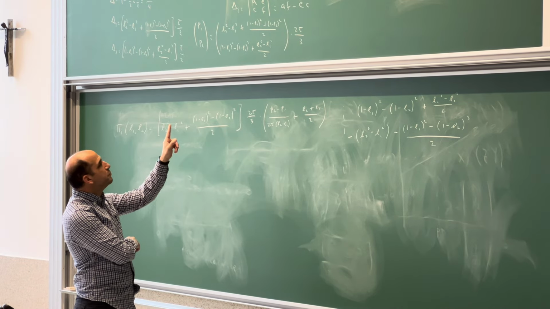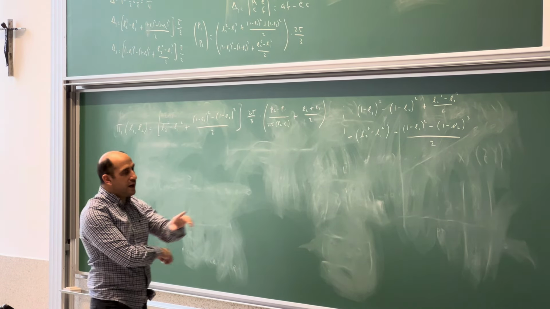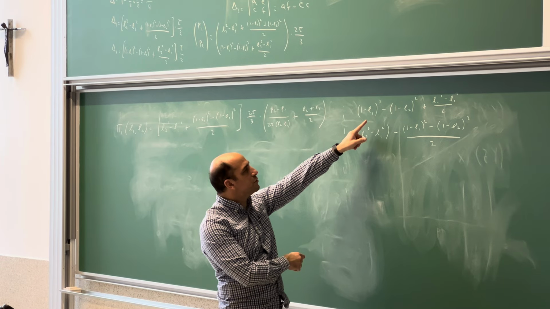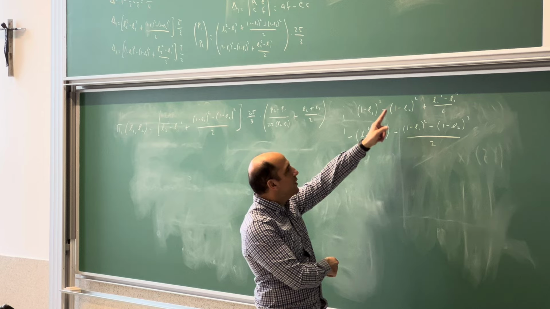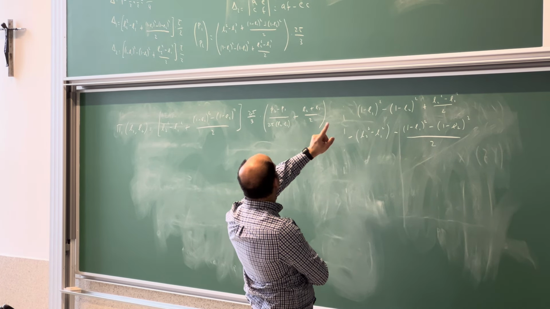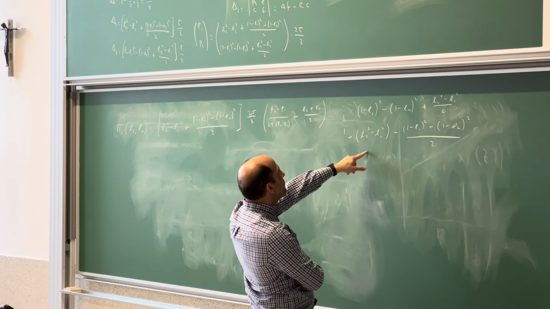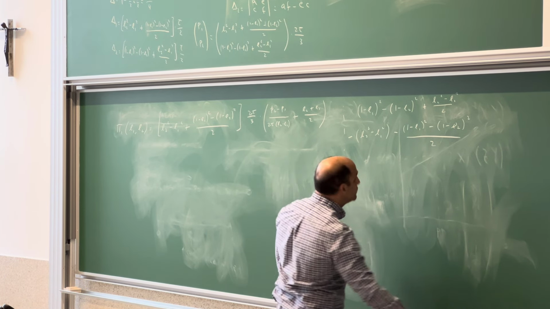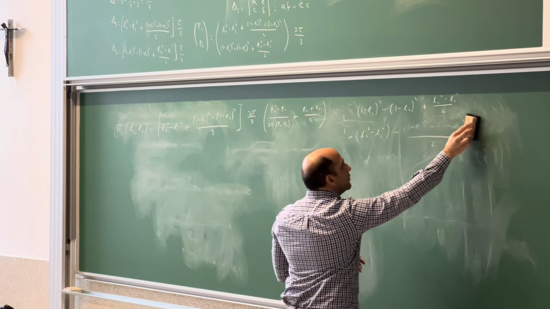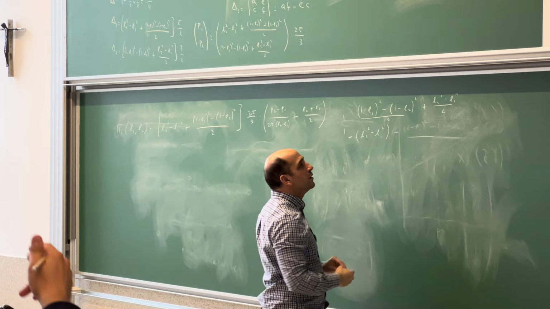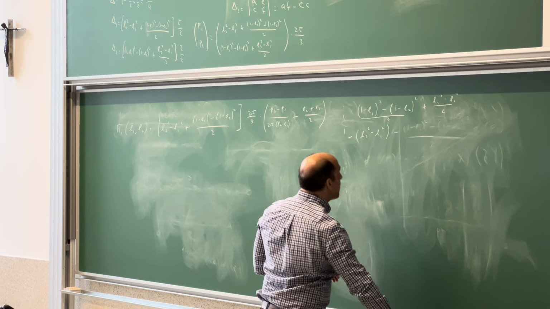P2 minus P1 is what? I'm trying to do it here. Yeah, minus L1 squared minus 1, so L2 squared plus L2, so it should be minus this, minus this. The first part divided by 2 in positive, and the second one in negative divided by 2.